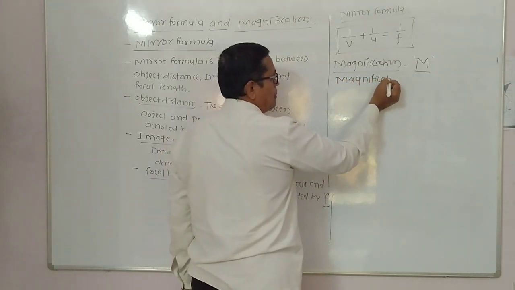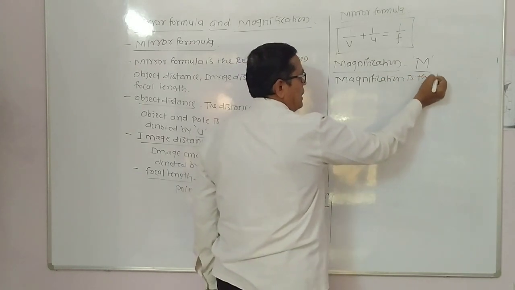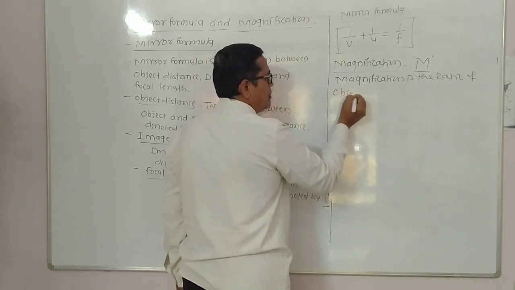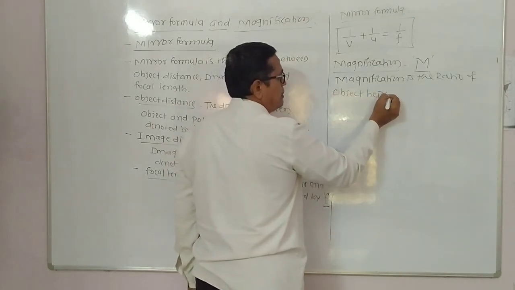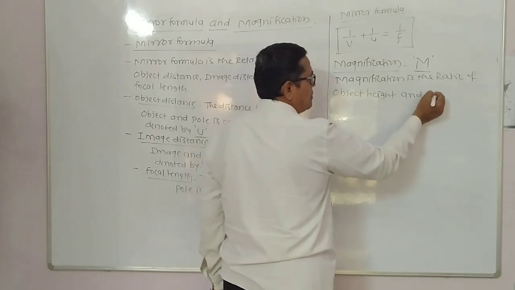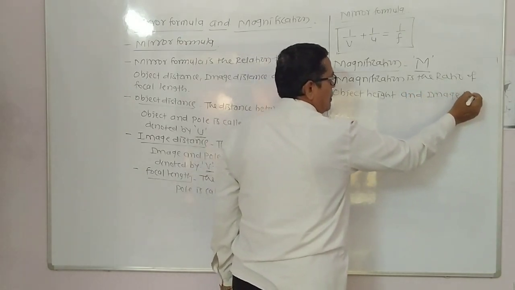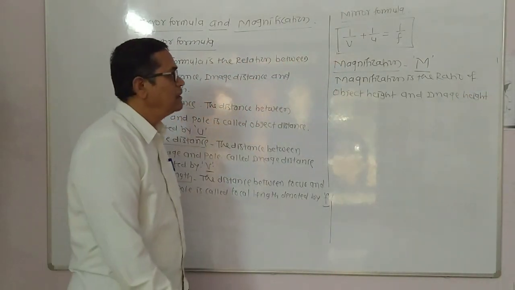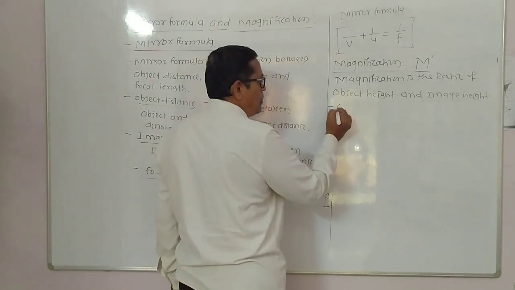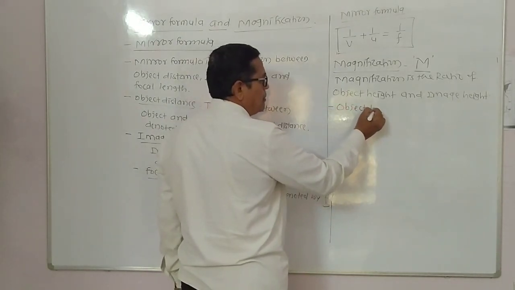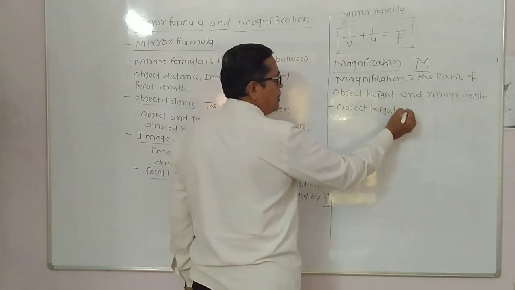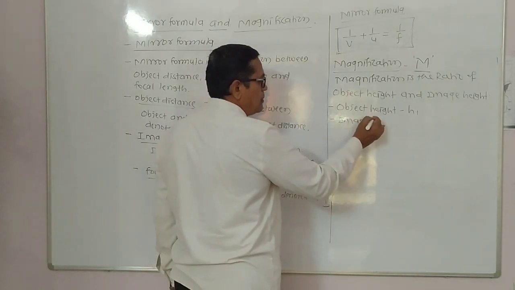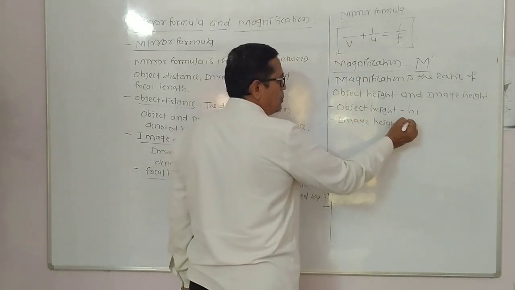Magnification is the ratio of object height and image height. It is the ratio of two heights. Object height is denoted by h1 and image height is denoted by h2.